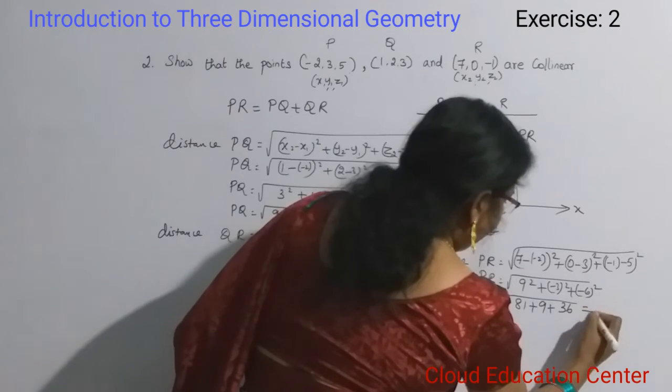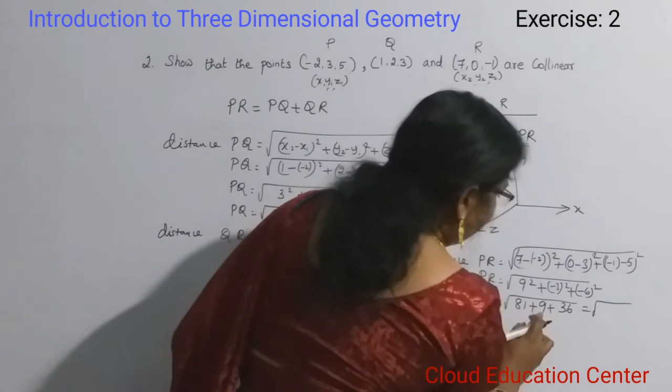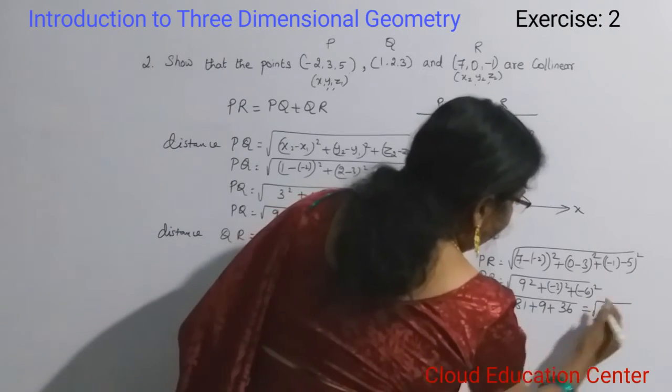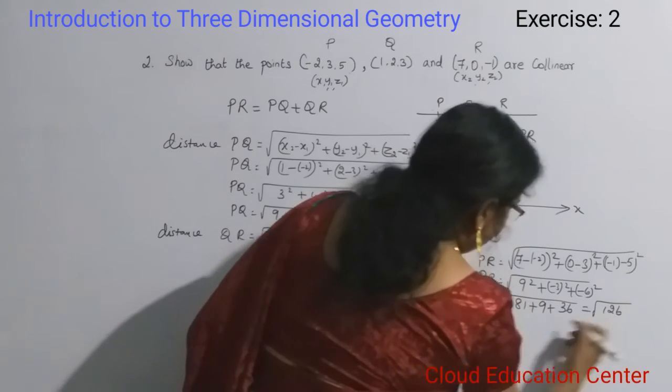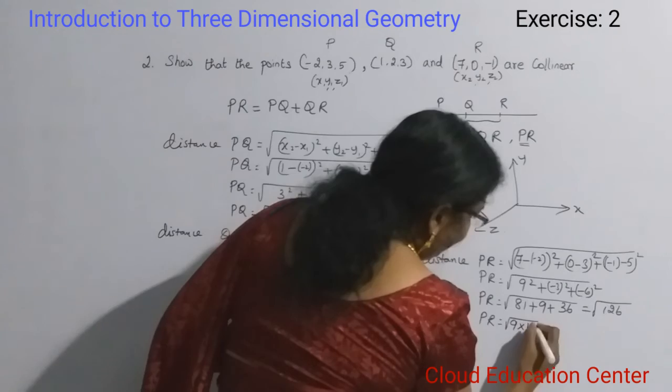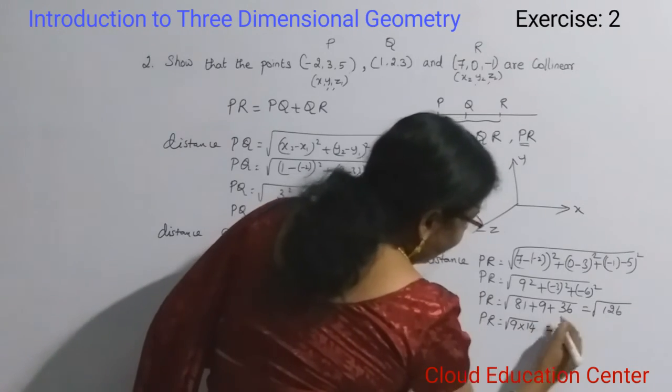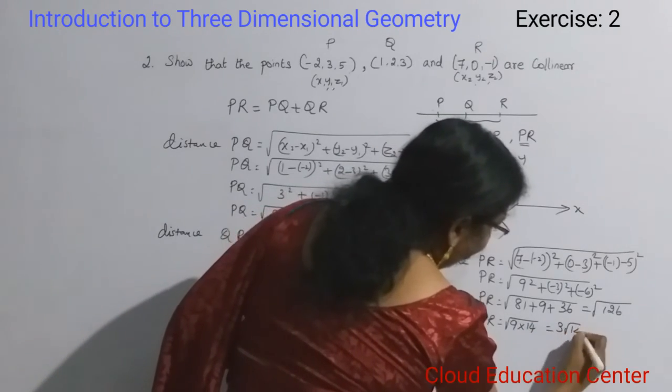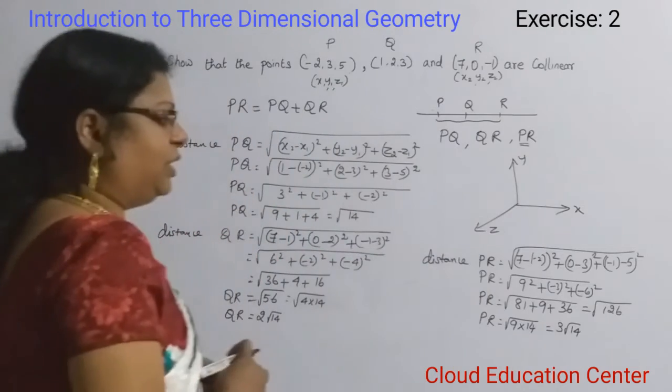If we add, we get the square root of 81 plus 9 is 90, plus 36 is 126. How can we write this? We can write it as the square root of 9 into 14. If you take the 9 out of the square root, we get 3 root 14. So what is the PR value? It is 3 root 14.